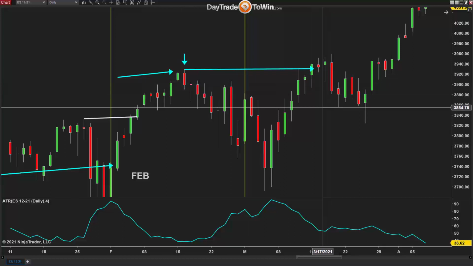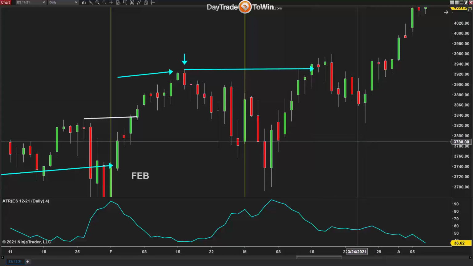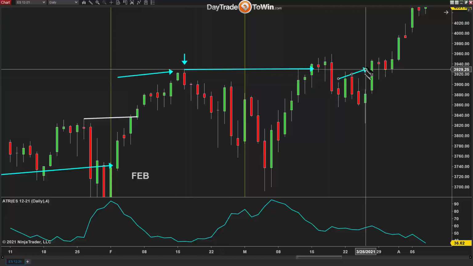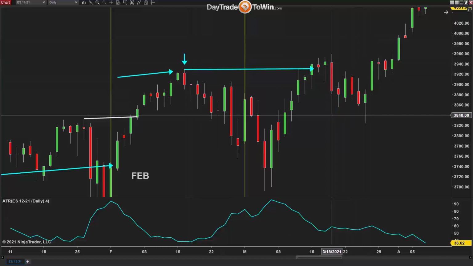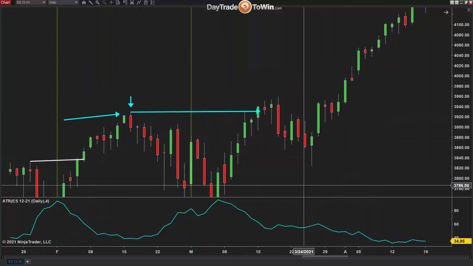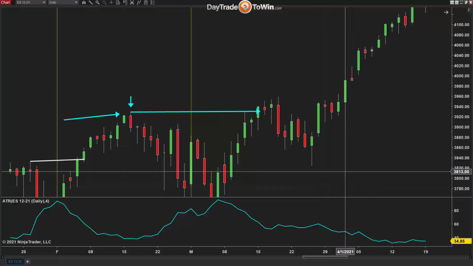I don't want to hold on to this. Or if your trailing stop kicks in, then you get stopped out with the trailing stop. But we really don't want the market to come back down below where the highs have been. We want it to continue higher. So that's really the idea. And if it does, remember to get out of the trade. Don't hold on to these trades if they continue to go against you. We want to get out as soon as possible.